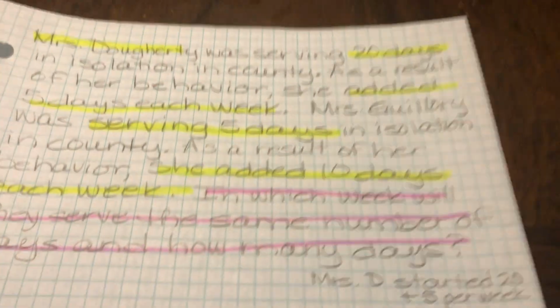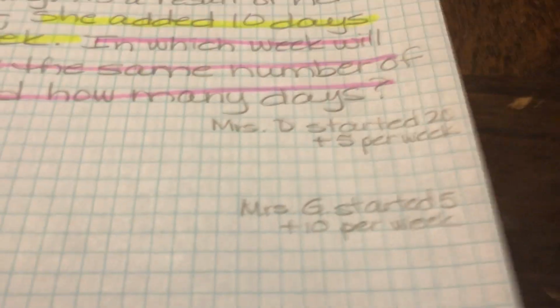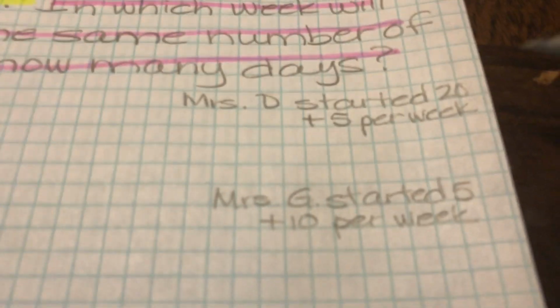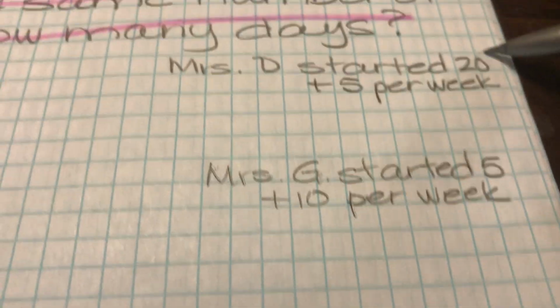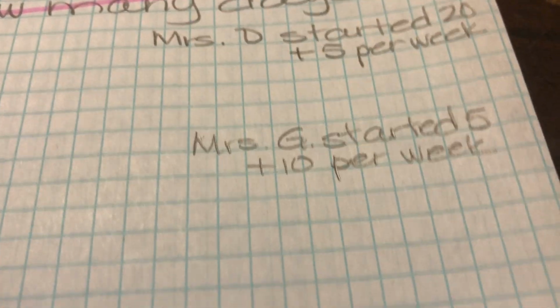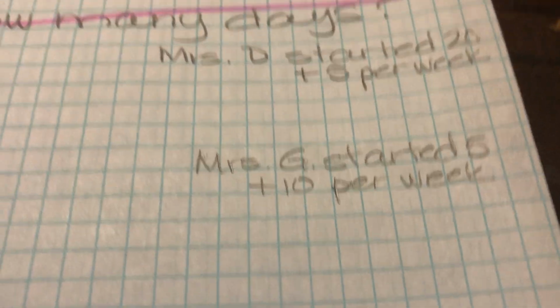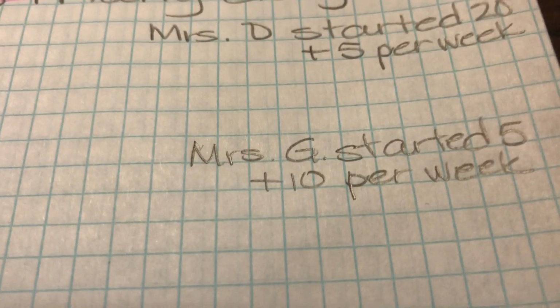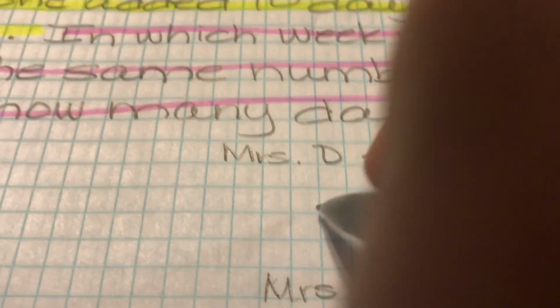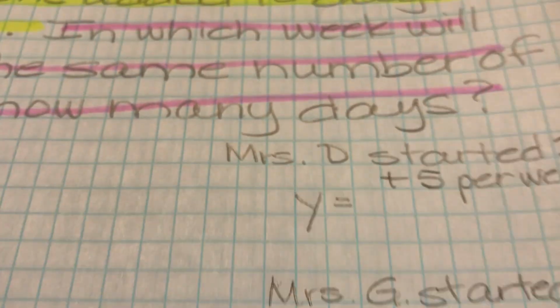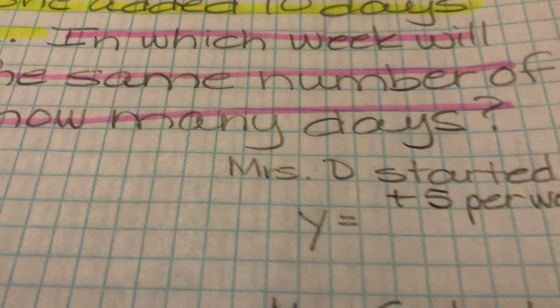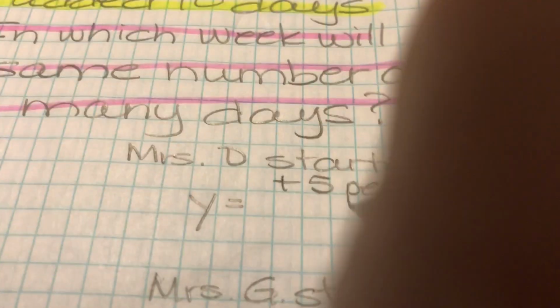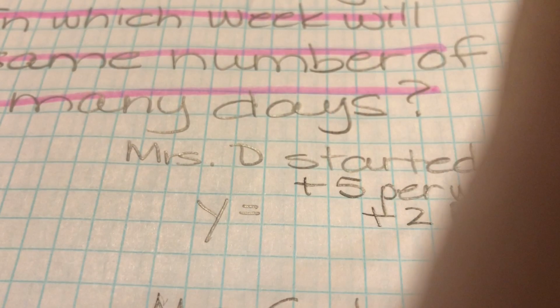Okay? So in this one, if we know where we started and we know how much it's going up, or we know that rate of change, guess what this is? This is y is equal to mx plus b. Well, my y is equal to, for Miss Doherty, 20 is my starting, so that's my b, so it's going to be plus 20.